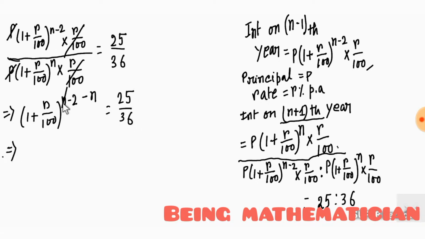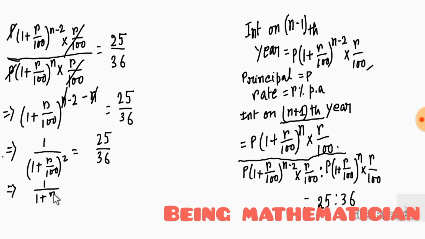Therefore, n and n cancel out, and we can write 1 by 1 plus r by 100 whole square equal to 25 by 36. Now, square root on both sides, we get 1 by 1 plus r by 100 equal to 5 by 6.